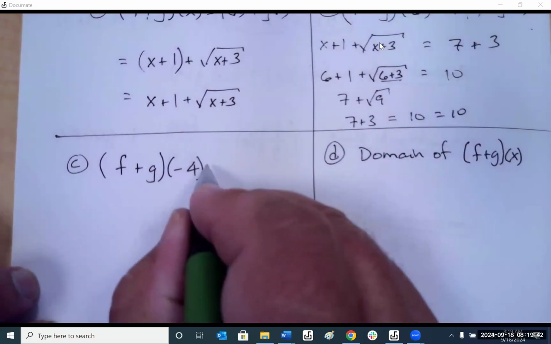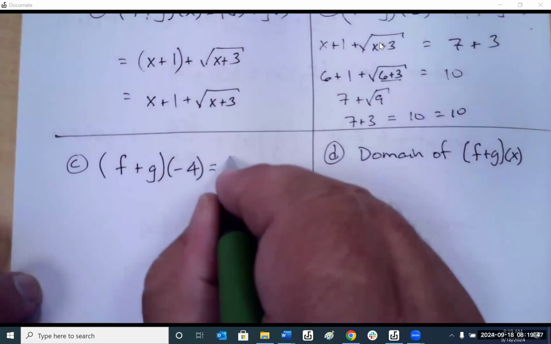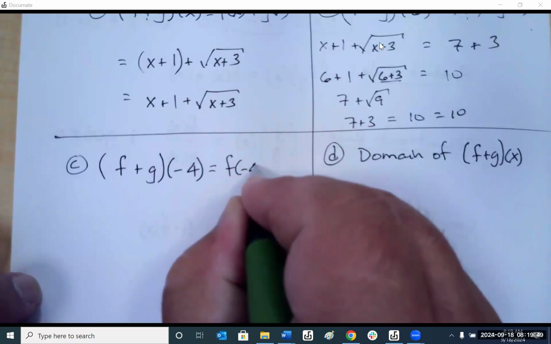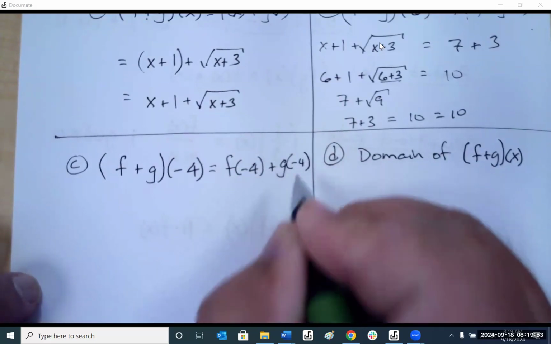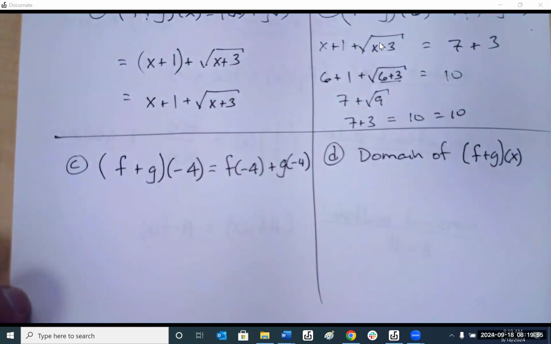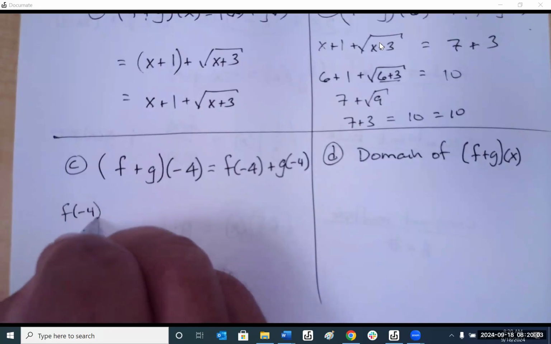Okay, let's look at C. So this is telling us f of -4 plus g of -4. So what is f of -4?